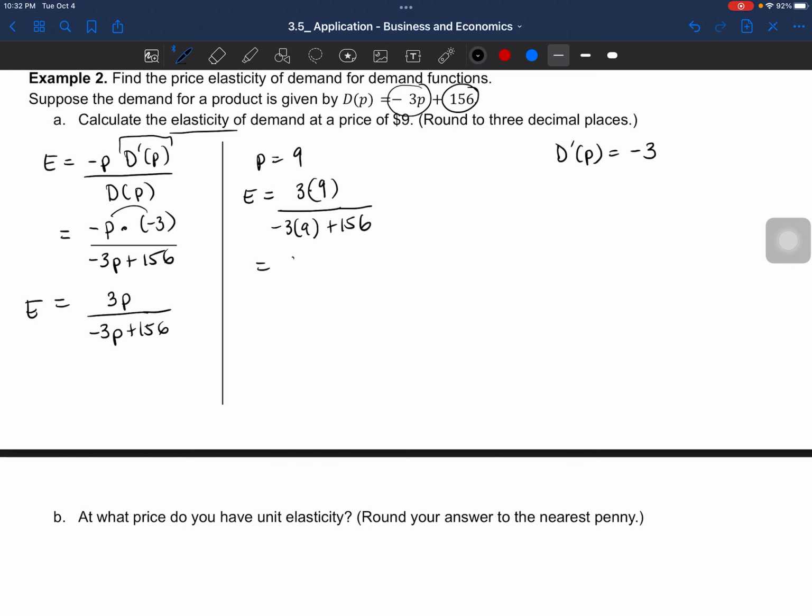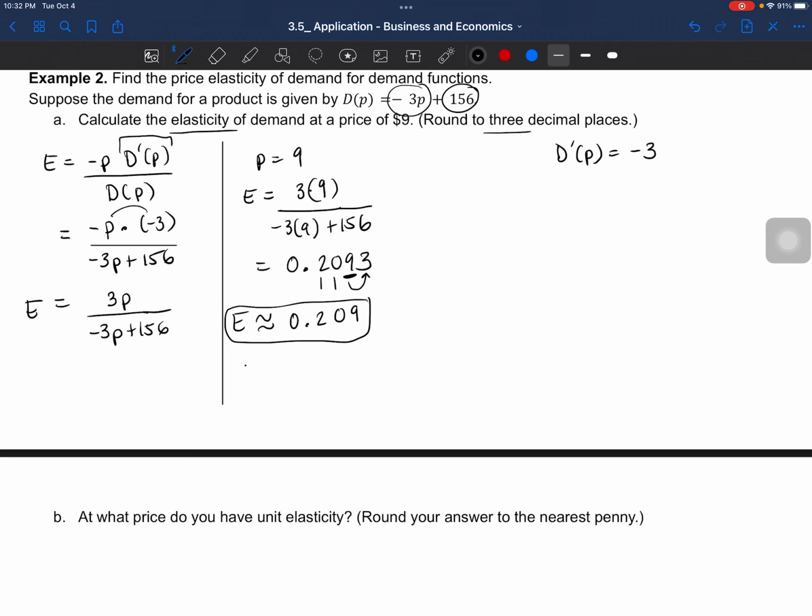And if we put this in the calculator, we should be getting some number around 0.2093. Now they're asking us to round to 3 decimal places, so this is 1, 2, 3. We test the previous number, so this is going to be 0.209. So your elasticity is roughly around this number, right?